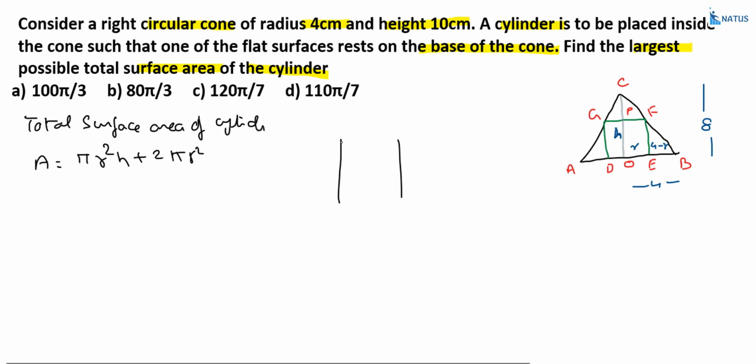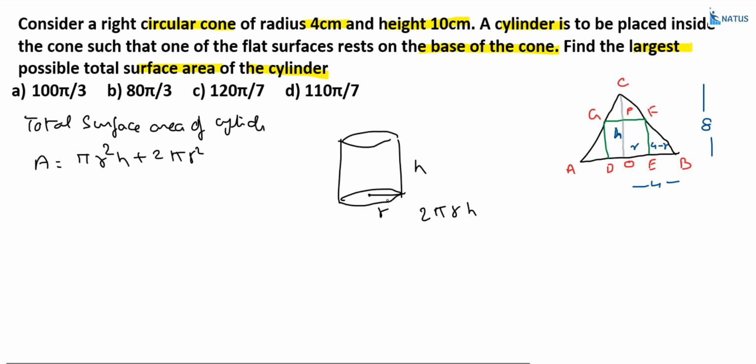Suppose this is one cylinder, and this is the height, and this is r. What is the surface area? That is equal to 2 pi r h.